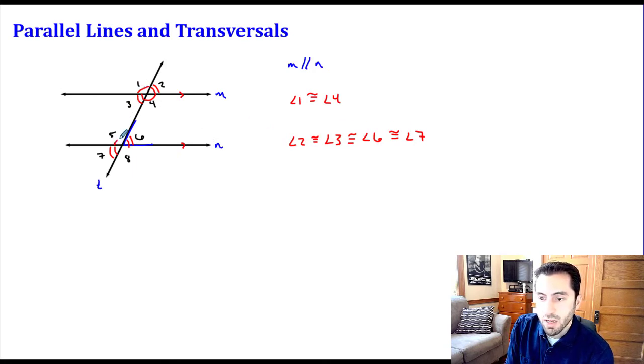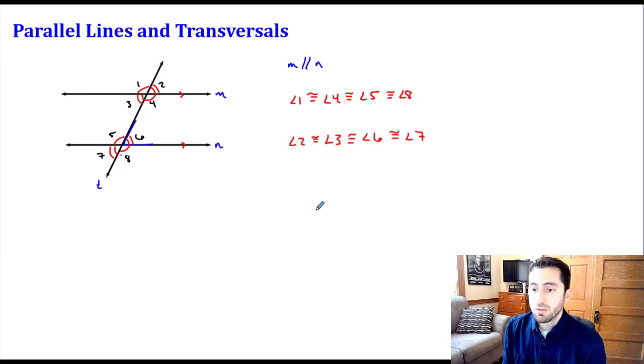So angle 1 and angle 5 are congruent because we could translate that down and we would see that those are the same. And then 5 and 8 are congruent because they're vertical angles. So angle 1 and angle 4 are congruent to angle 5 and angle 8. So we end up with these two sets of 4 angles that are congruent to each other.